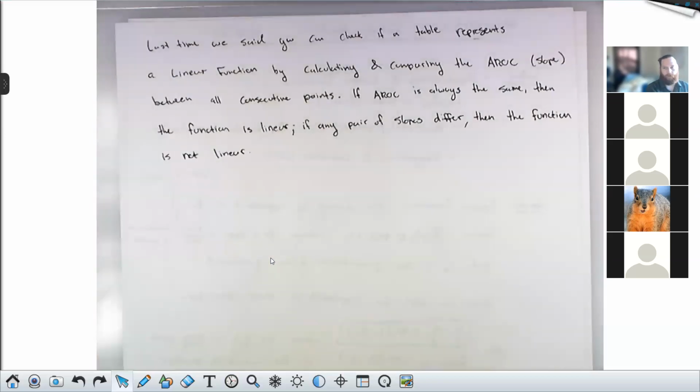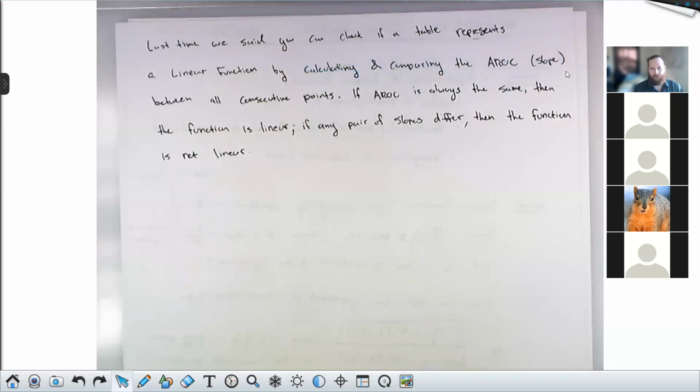On the one hand, I do just want to remind you of this fact, right? It's something that I believe does show up in your current homework set again. But the real reason I'm bringing this up is because a lot of times in the real world, you get some data that is almost linear, right? Like you get a table with x and y values, and you go calculating and comparing all of those rates of change or slopes.